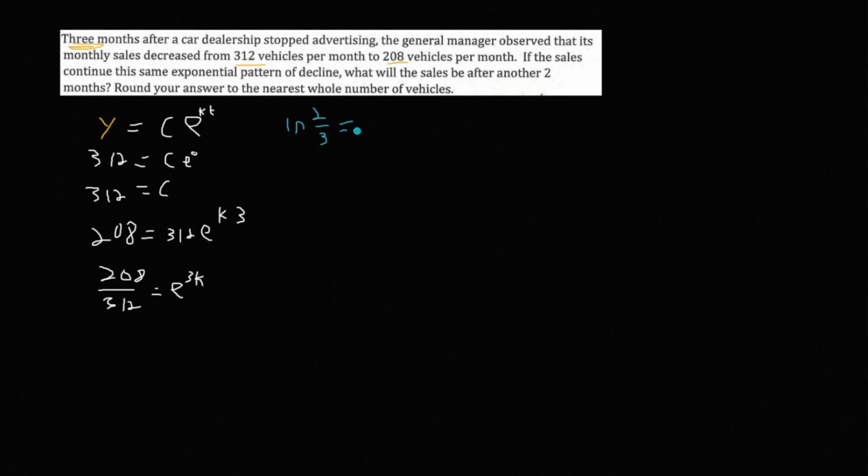We're going to say natural log of e to the 3k. The e and ln will disappear on the other side, leaving just 3k. Divide both sides by 3, so that k is equal to ln 2/3 over 3, which is about negative 0.135.